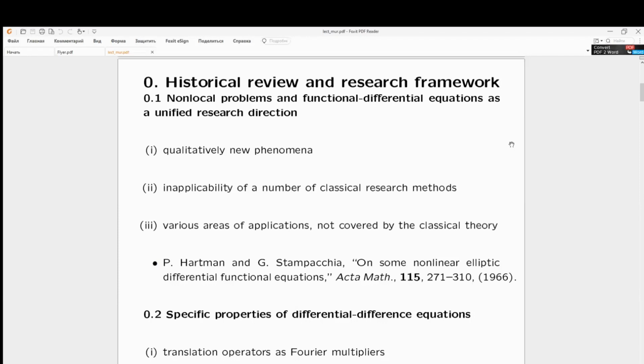But it is not true, because if you expand this u of t plus h into the Taylor series, then you will see that it contains the derivative of each order.